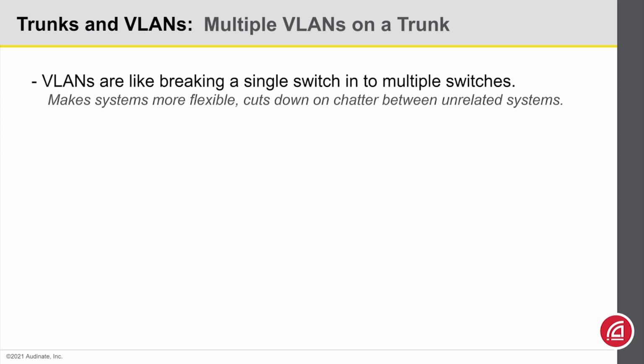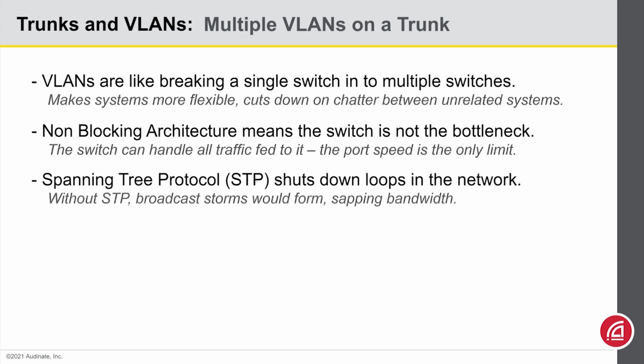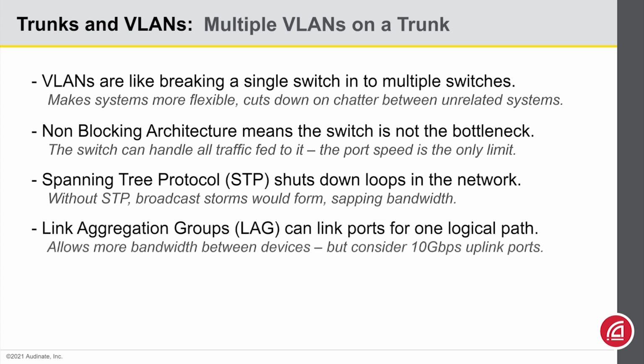All right, so in summary, VLANs are like breaking a single switch into multiple switches. Non-blocking architecture means the switch is capable of moving all the traffic you feed into it. The switch is no longer the bottleneck, the port speed is. Spanning tree protocol will shut down loops in the network in an attempt to prevent broadcast storms. Link aggregation groups are ways to strap multiple links between switches, garnering more bandwidth.